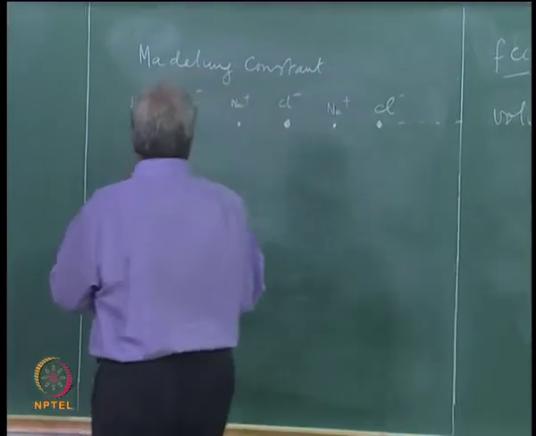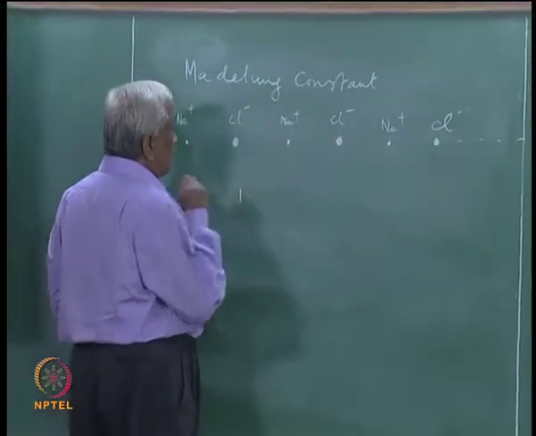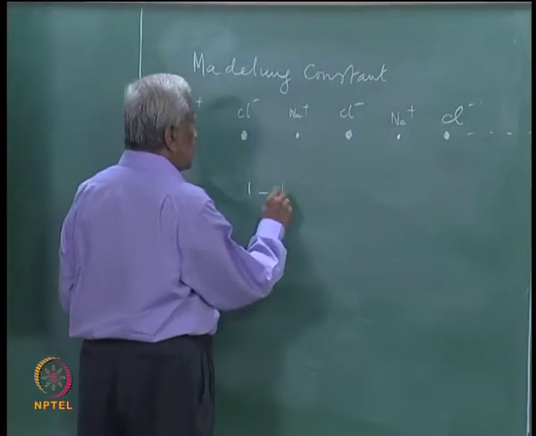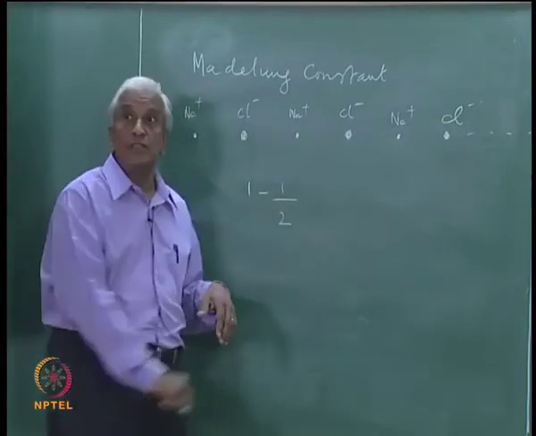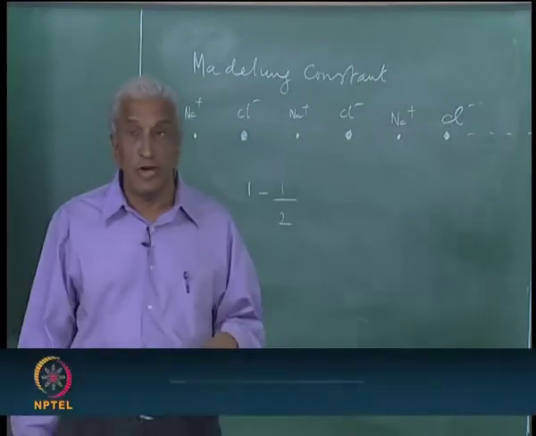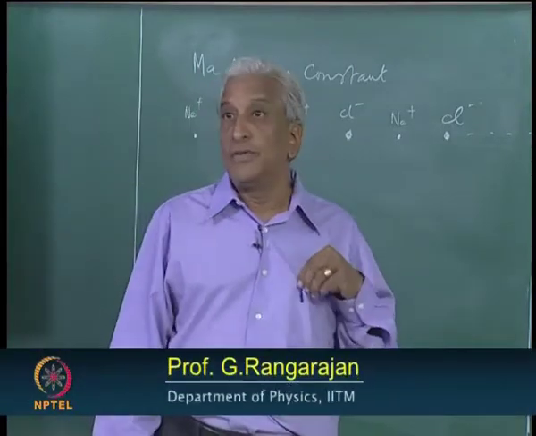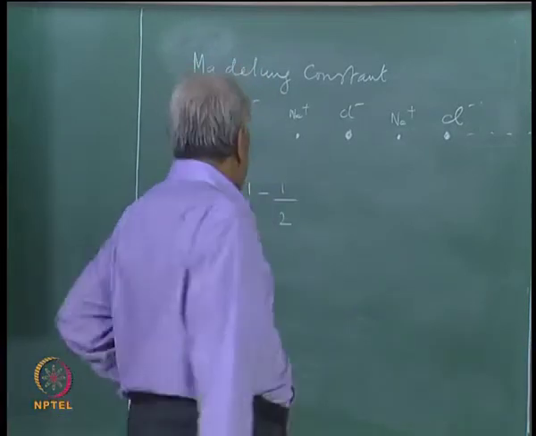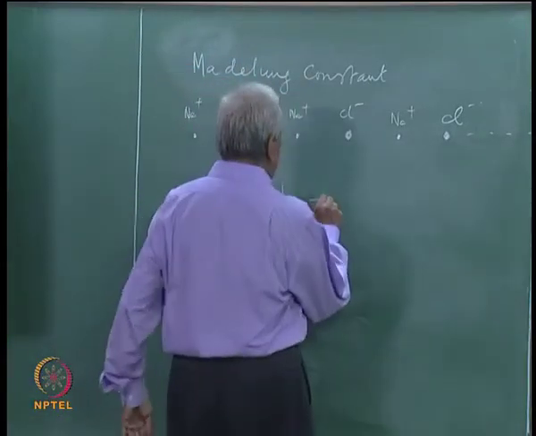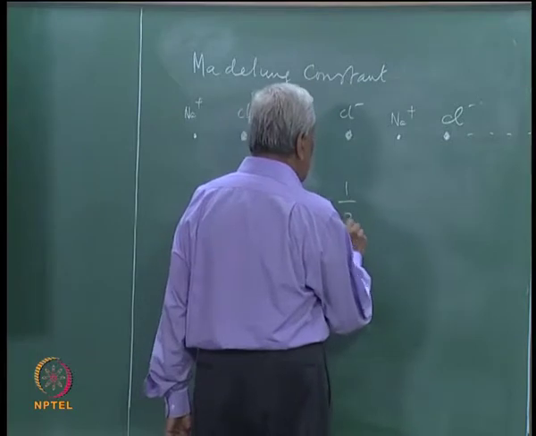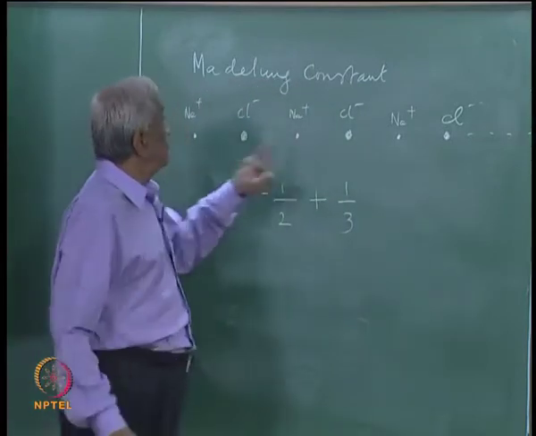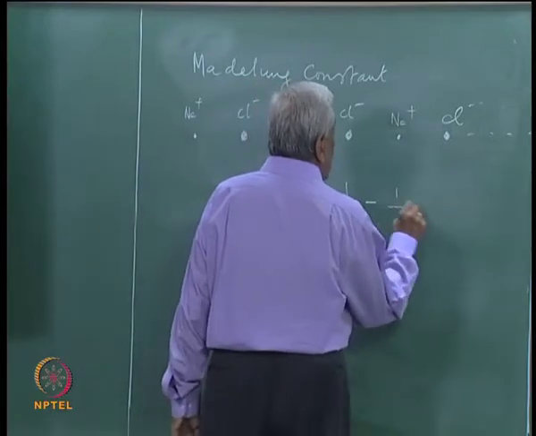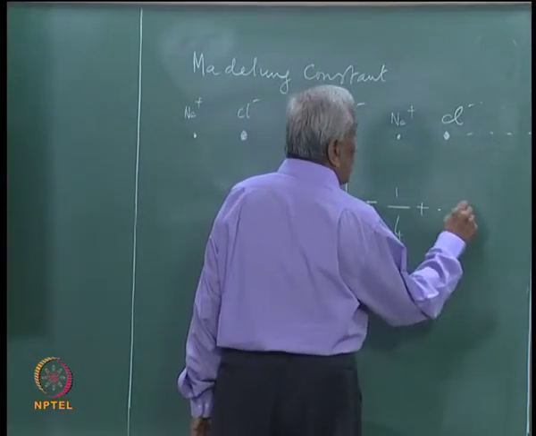For example, between near neighbors it is 1 unit, and then the next distance is twice this. So, it is minus half because of the inverse distance dependence of the potential on the separation. The next one is a positive term, a repulsive term between like charges, sodium plus and sodium plus, plus 1/3, minus 1/4 plus etcetera.